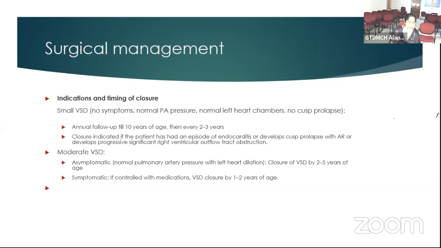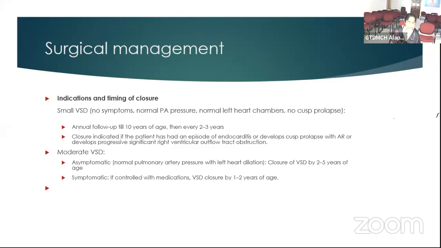Closure is indicated in a small VSD if the patient has had an episode of infective endocarditis or develops cusp prolapse with aortic regurgitation or develops progressive significant right ventricular outflow tract obstruction. So only in these conditions, a small VSD will require closure. Then moderate VSD should be closed.